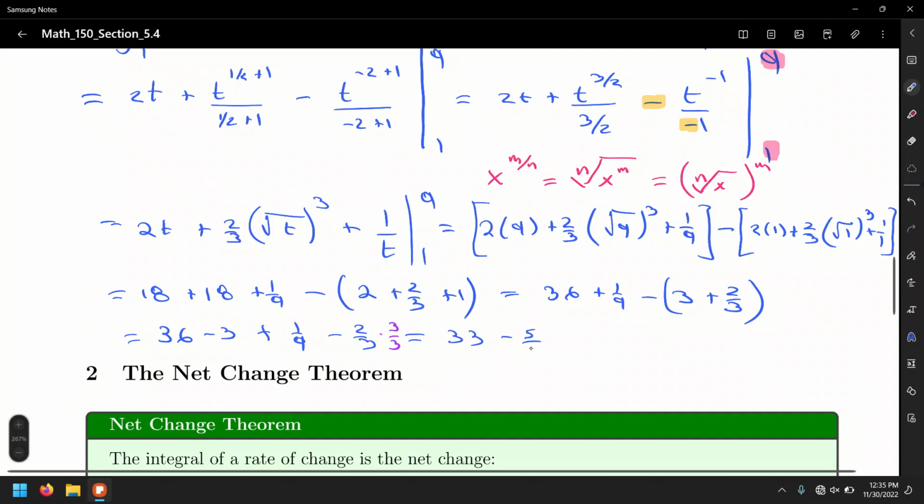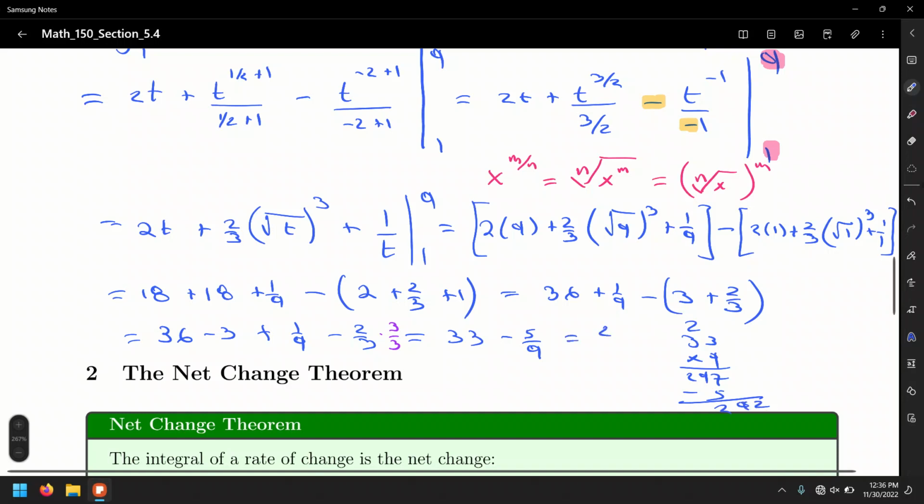Negative 5 over 9. Well, to simplify this, you can use your calculator or just go 33 times 9. 9 times 3 is 27, carry 2, 9 times 3 is 27, that's 29, 297, and then minus 5, that's 292.